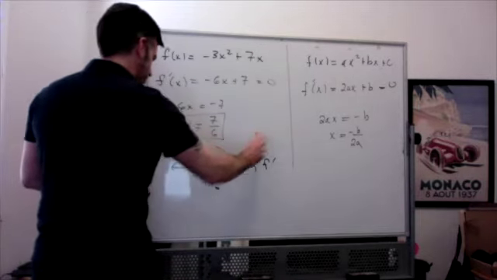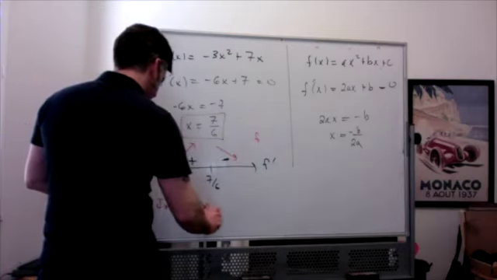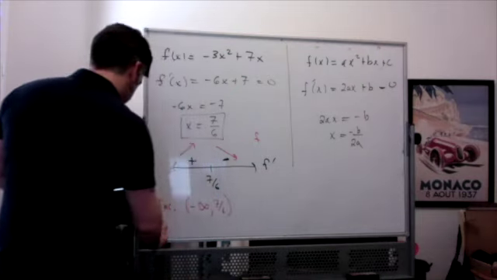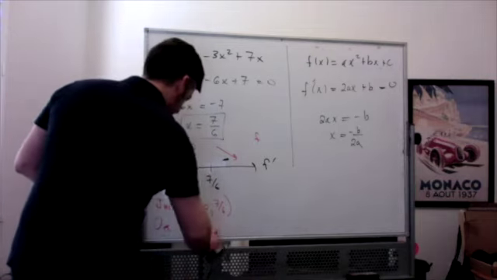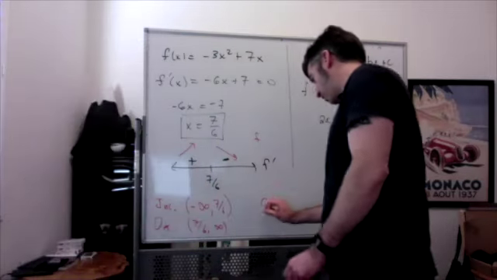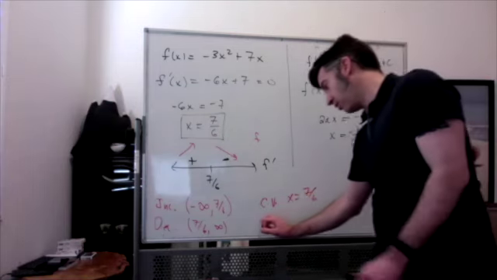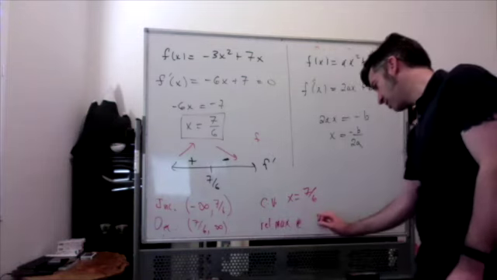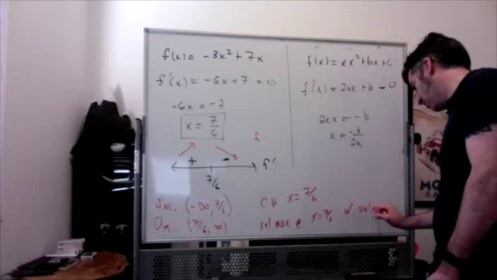So I would say that the function is increasing on the interval from negative infinity to positive 7/6, and decreasing on the interval from 7/6 to infinity. I would also say that I have a critical value at x equal to 7/6. I would also say that I have a relative maximum at x equal to 7/6 with a value of, well, I didn't find the value.